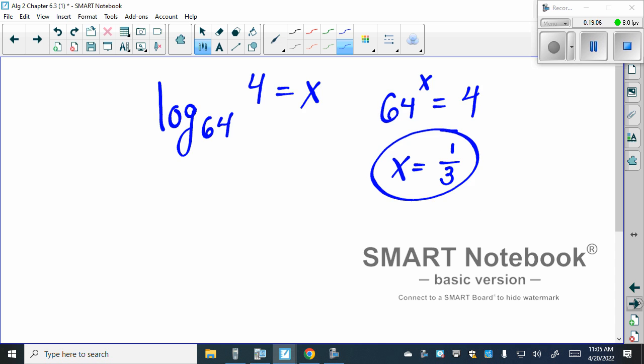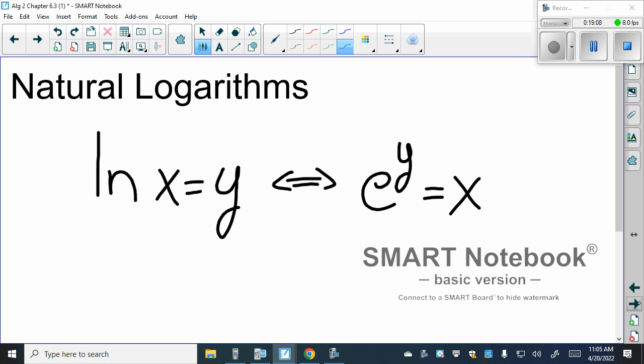All right. Now the other type of logarithm that we have is natural logs. The natural log of x equals y if and only if e to the y is equal to x.